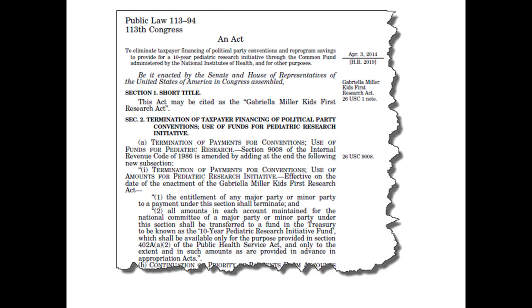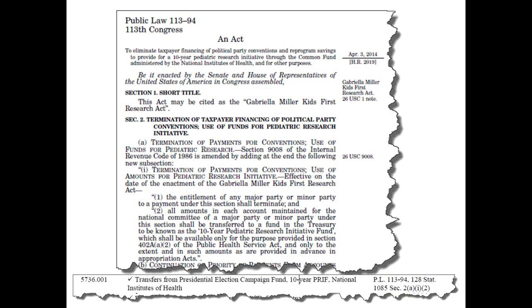Let's look at an example. In 2014, Congress passed Public Law 113-94, the Gabriella Miller Kids First Research Act. This act transferred funds originally made available to finance political party conventions to a new special fund called the 10-Year Pediatric Research Initiative Fund, receipt account 5736.